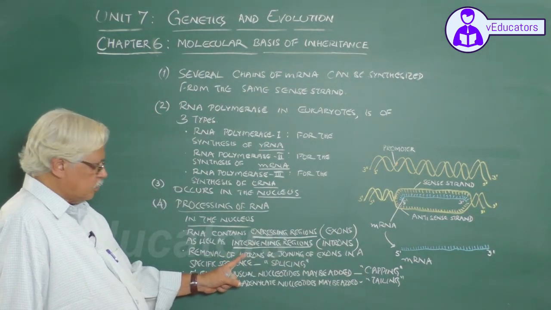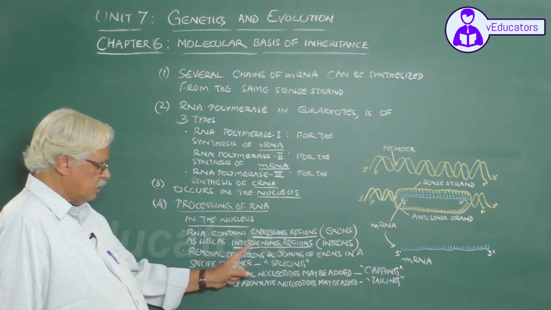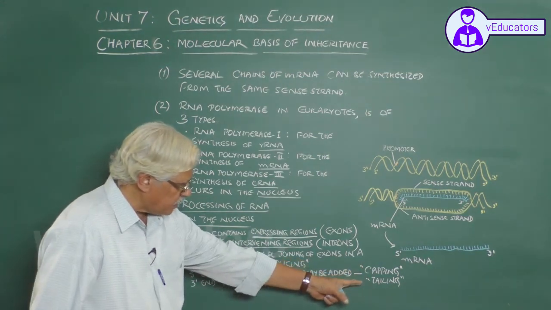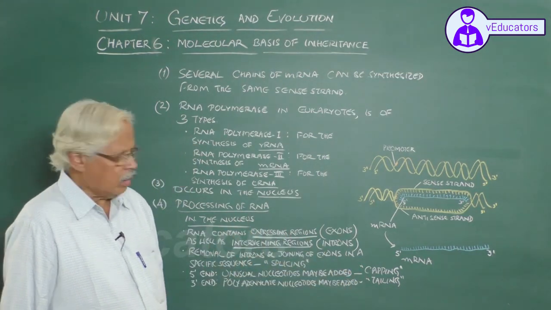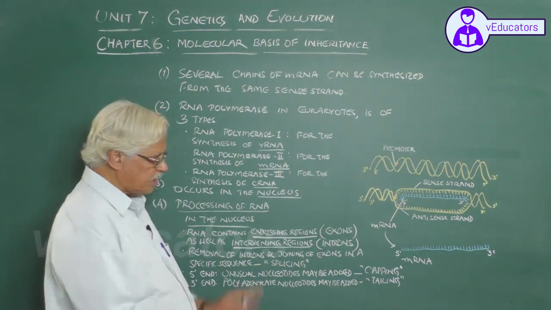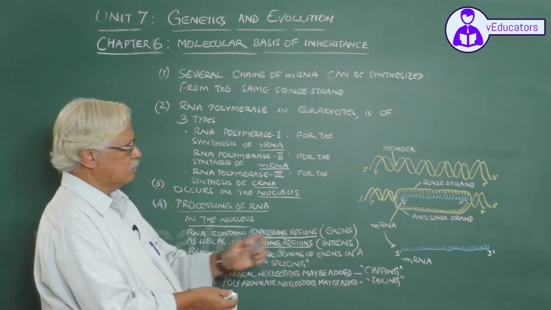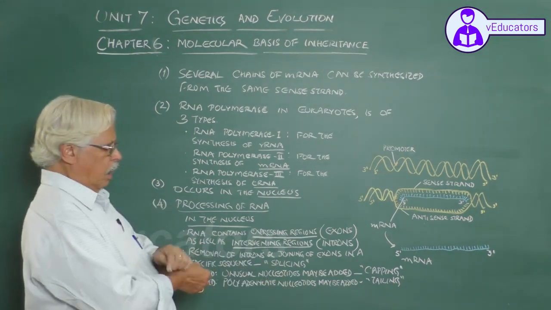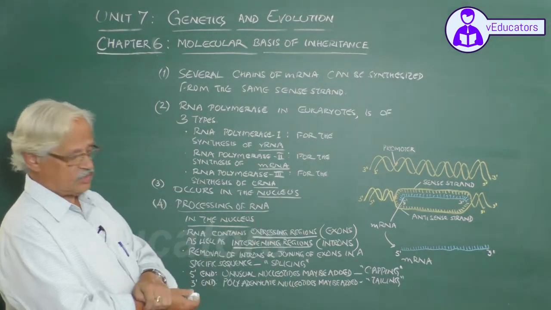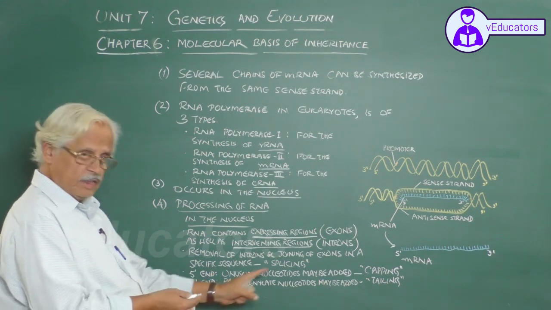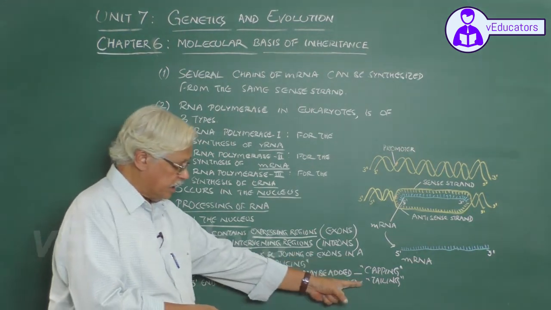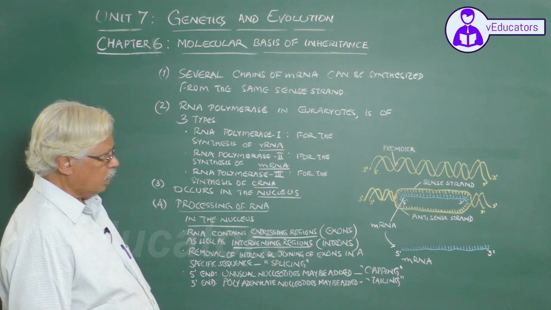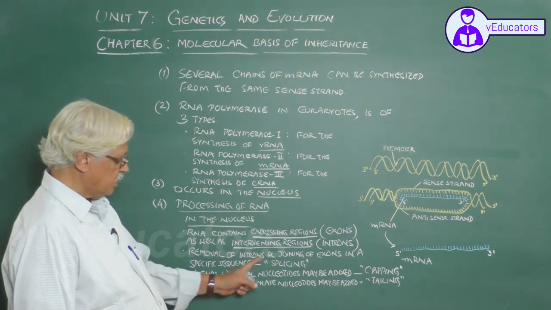Splicing is done to see that unwanted non-functional intervening regions are removed, whereas capping and tailing are done in order to protect the mRNA from getting dissolved within the nucleus or from getting acted upon by enzymes within the nucleus. So, for protecting the mRNA from being destroyed, capping and tailing is done, and for making the codons appear in a particular sequence, splicing can be done.